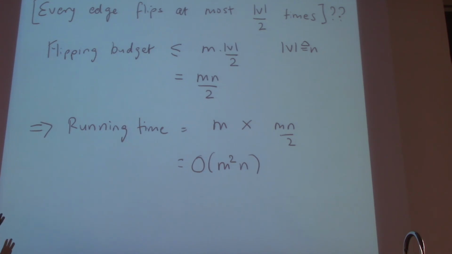But because I know that every augmenting path flips at least one edge, and I know I have a budget on flipping, I'm done. It's a more generalized version of the basic forward focus analysis. There's something that happens at least once every step. There's a budget on the total number of steps. All that's left to show is that each edge flips at most O(n) times.